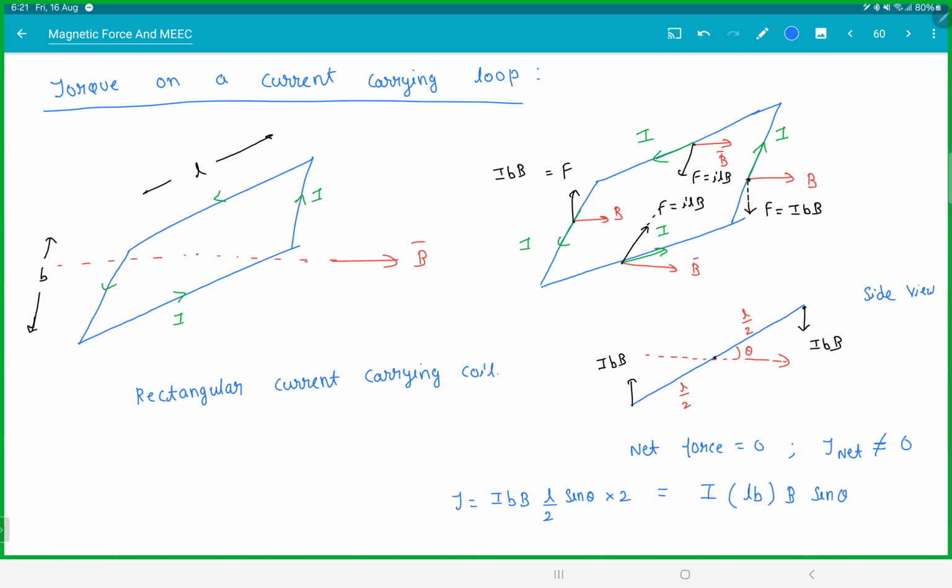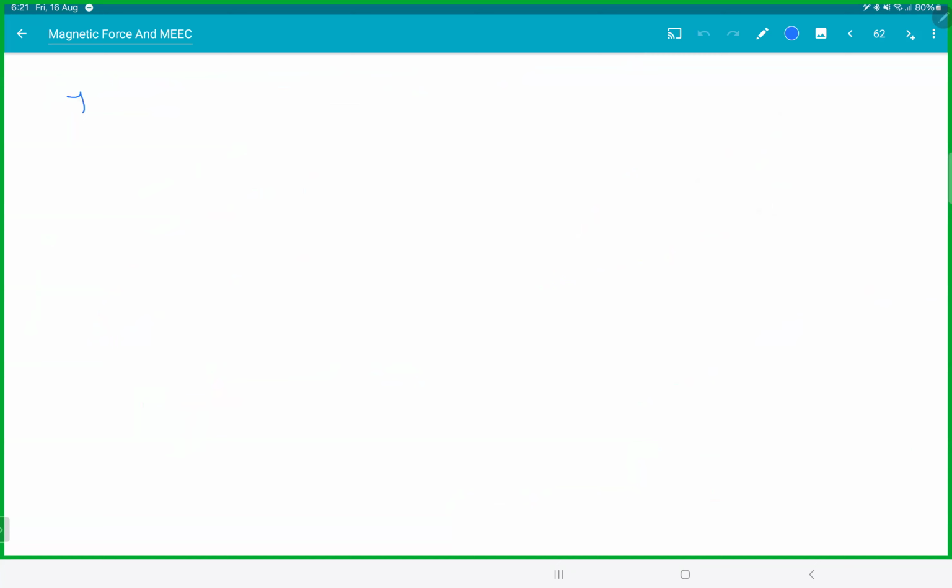Then we can combine this. So we get torque on one loop is I into LB into sine theta.